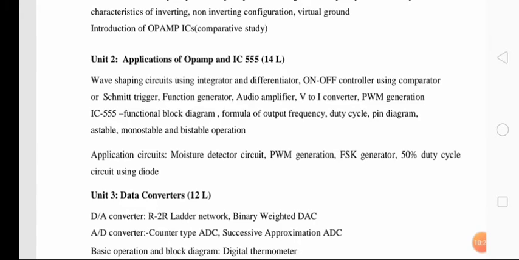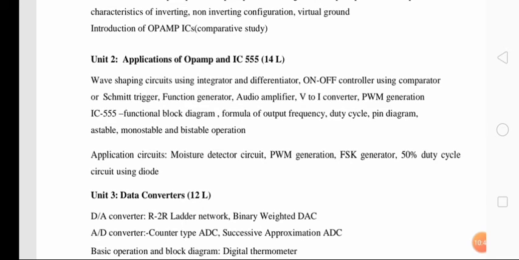Op-amp is used in wave shaping circuits using integrator and differentiator. So it performs two mathematical operations, integration and differentiation. We are also going to use it for on-off controlling using comparator or Schmitt trigger, and function generator.